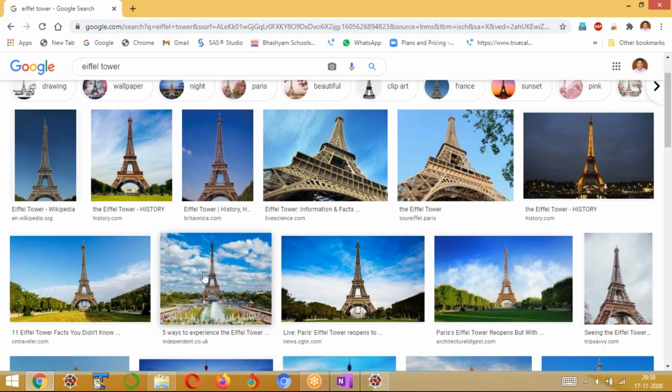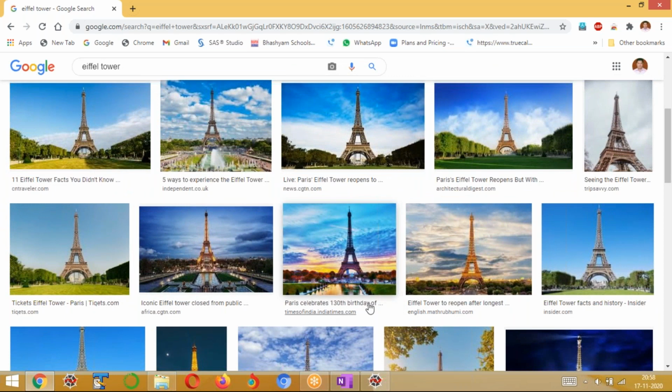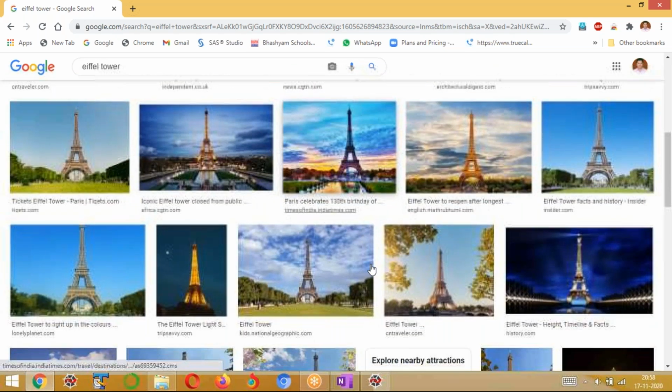This looks like a square piece. This one is completely rectangular, and most of them are rectangular only. So each photo has a different shape: one is the longest kind of pic, one is more width, one is a square kind of size, right?